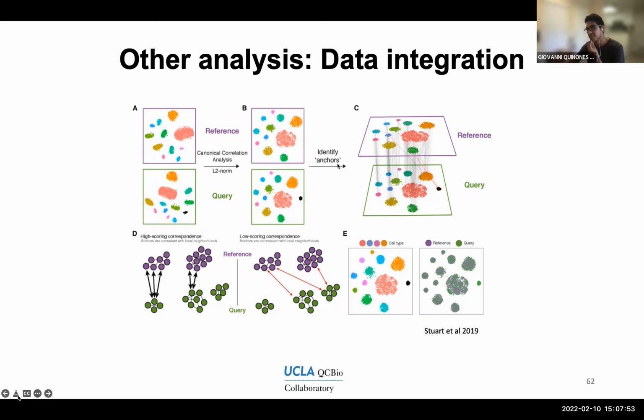And the third step is to find this set of anchors, which is, once you have put them in a similar coordinate system, you try to find these anchor points, which are cells that tend to reflect a very similar gene expression profile between the two samples. And so using these anchors, you can match one cluster on sample 1 to a cluster in sample 2.